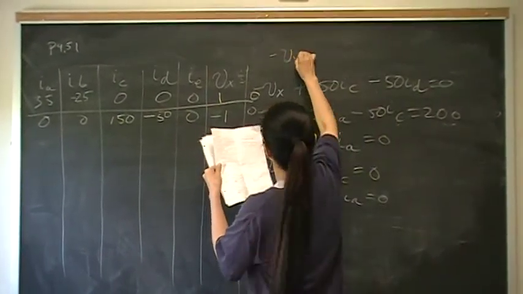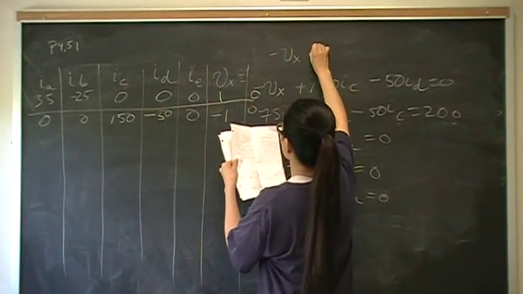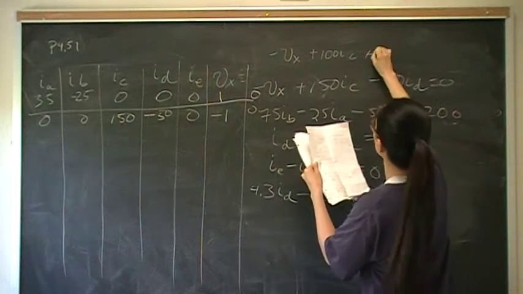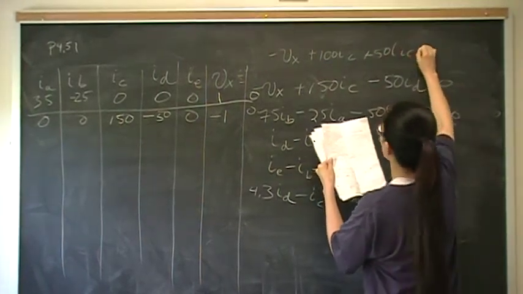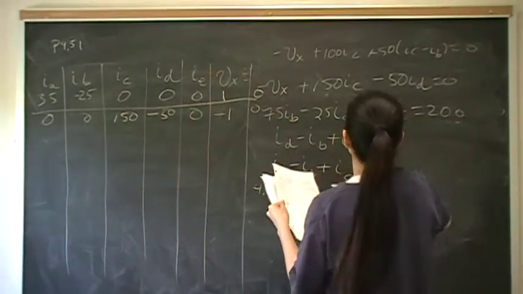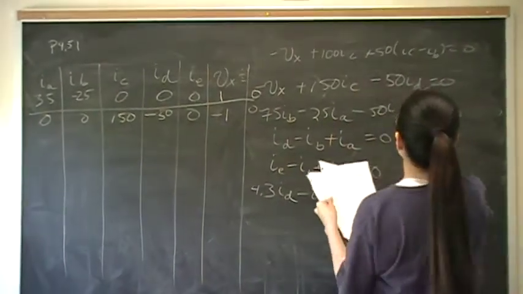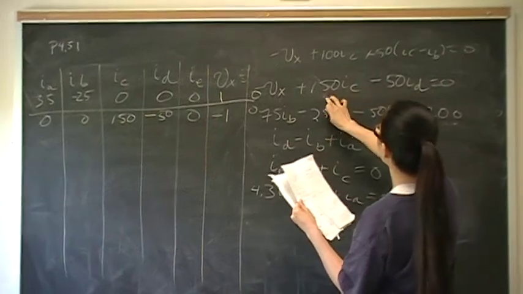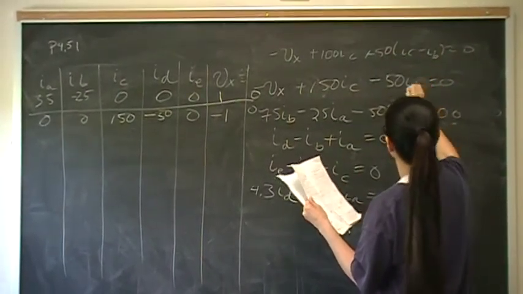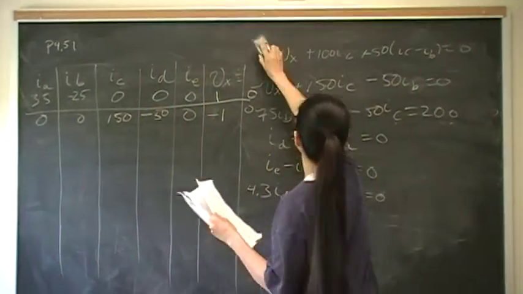Negative VX plus 100 IC plus 50 times IC minus IB is equal to 0. So I have 150. Oh, I have a typo here. This should be 150 IC. This should be distributed. This should be IB. That's the problem. I have a typo.